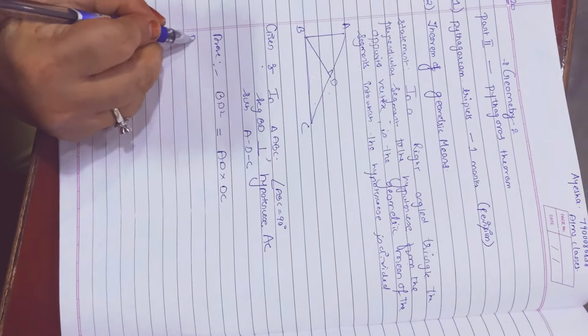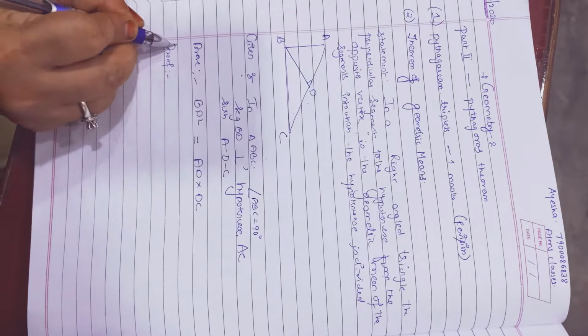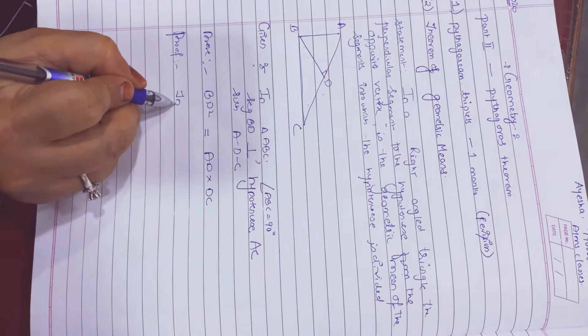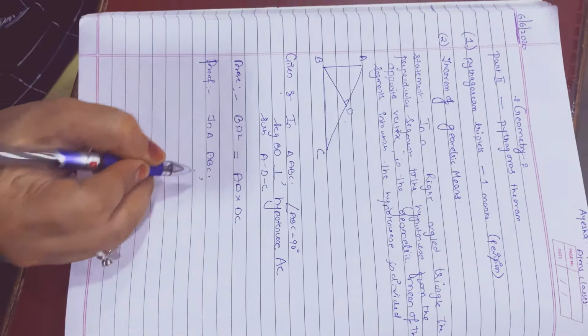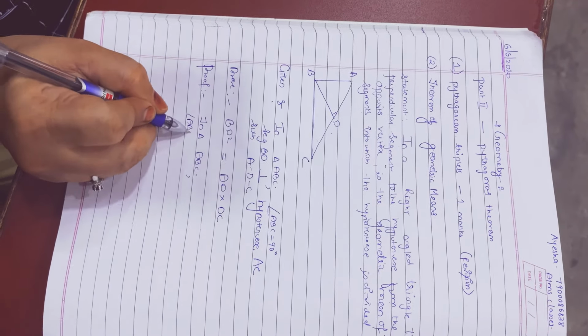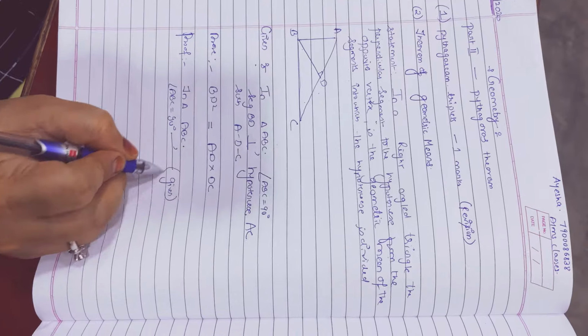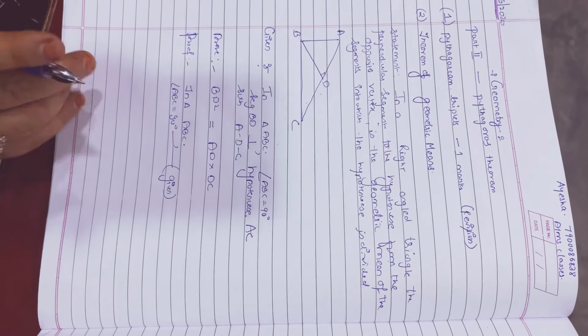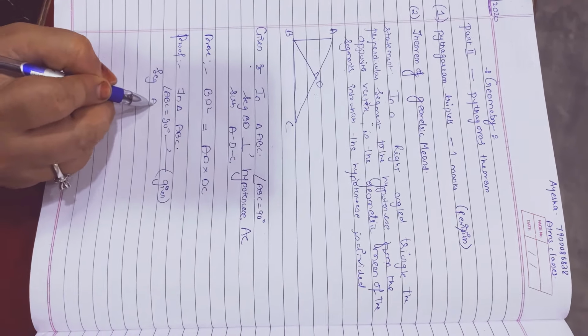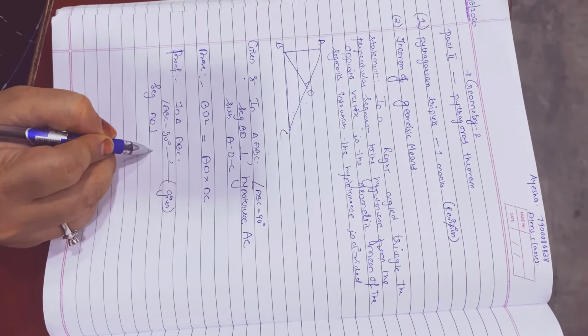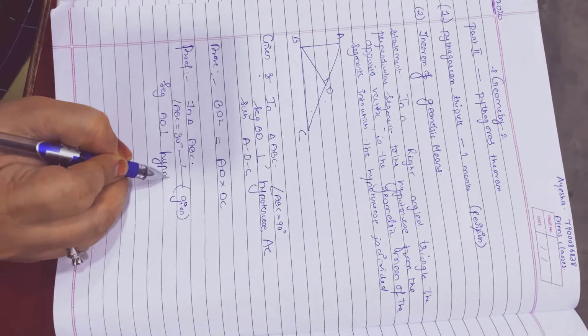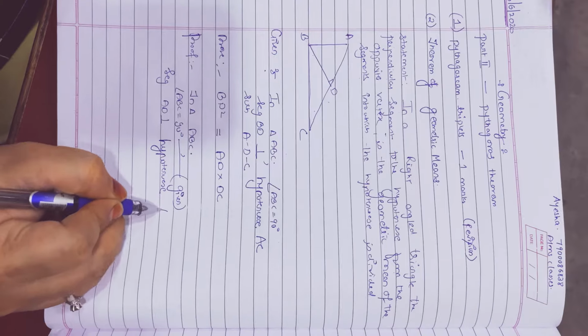Now we will start with the proof. What is the proof? How can we prove it? In triangle ABC, angle ABC is equal to 90 degrees. This we have from the given. Second, seg BD is perpendicular to hypotenuse AC.